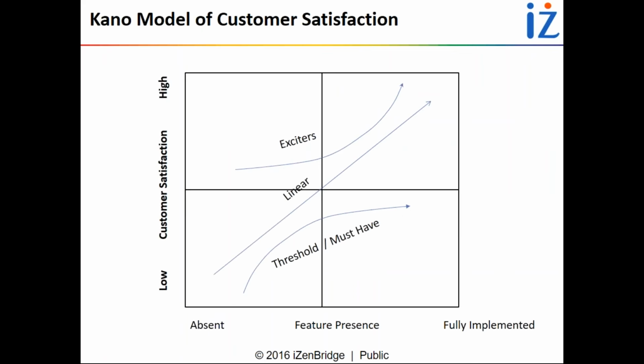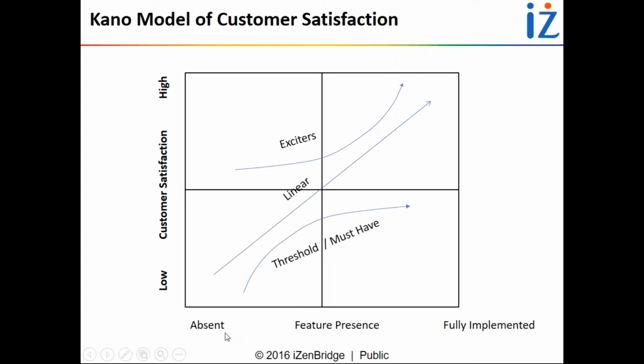Kano model of customer satisfaction. Here we map the absence or presence of a feature with customer satisfaction. What will be the customer satisfaction if the feature is absent, if the feature is present, and if the feature is fully implemented?